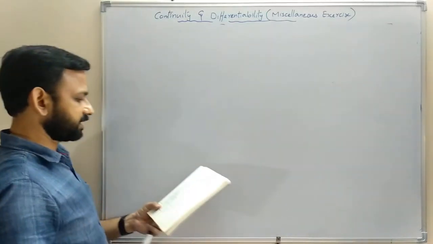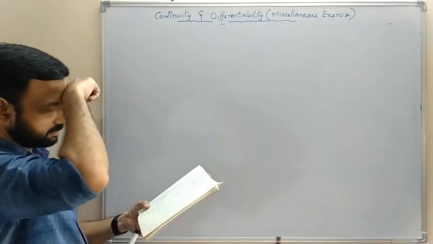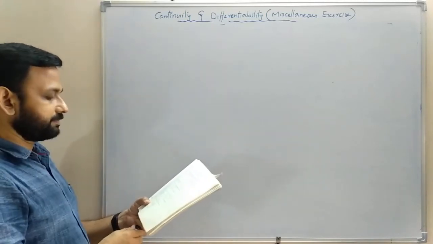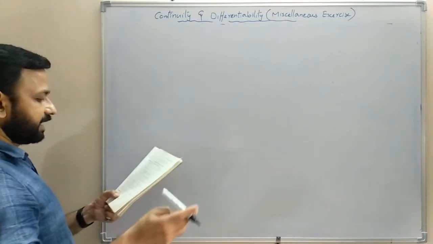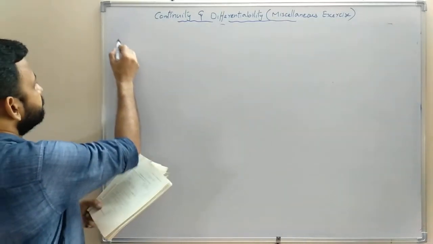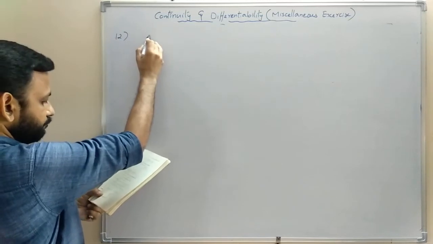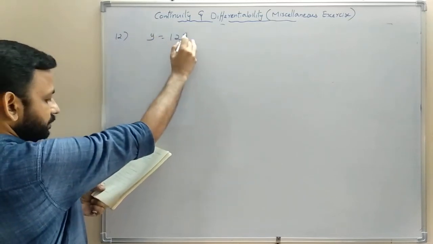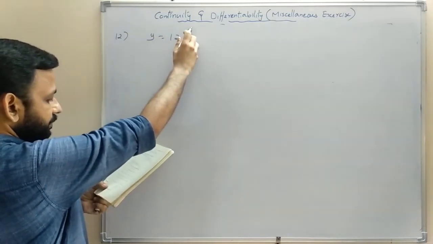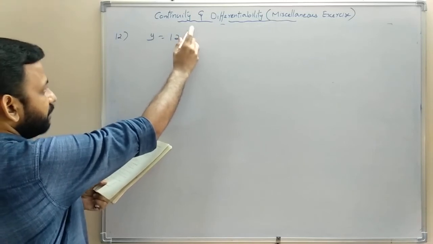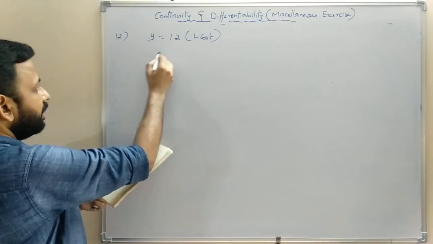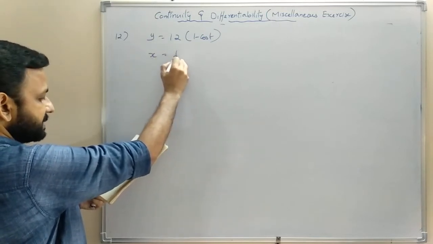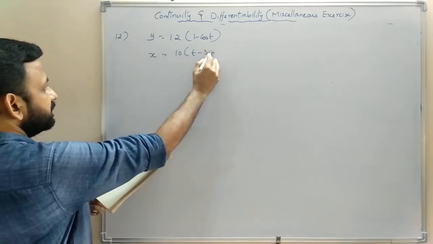Find dy by dx if y is equal to 12 into 1 minus cos t and x is equal to 10 into t minus sin t.